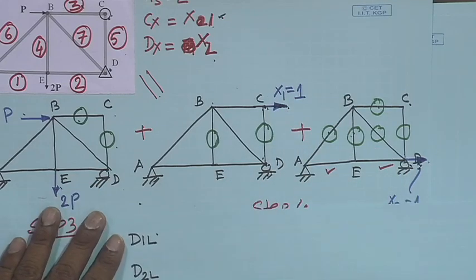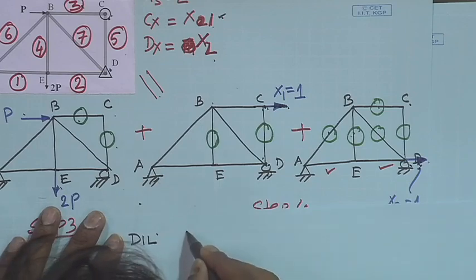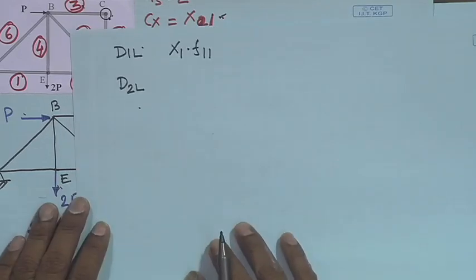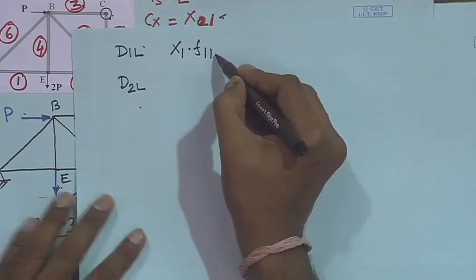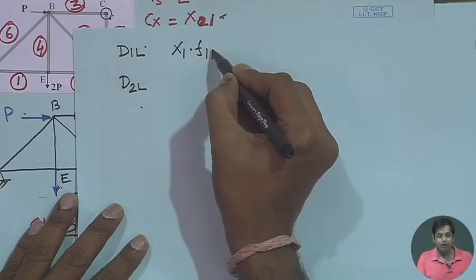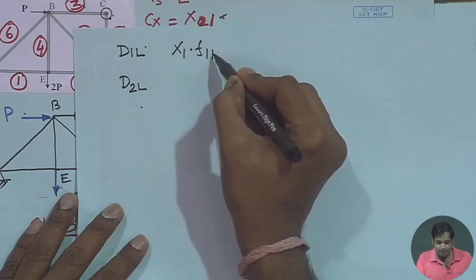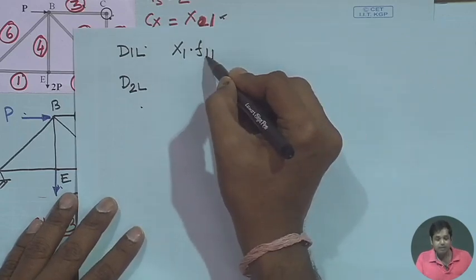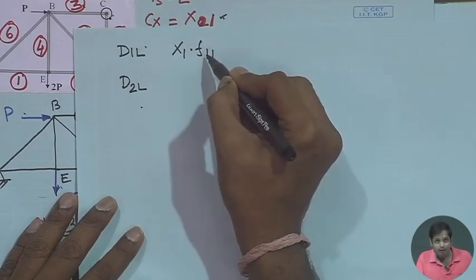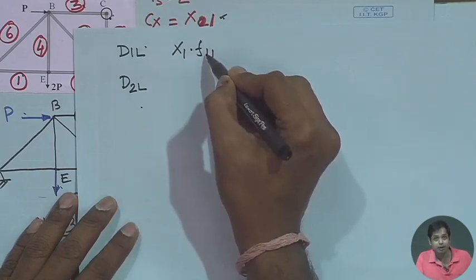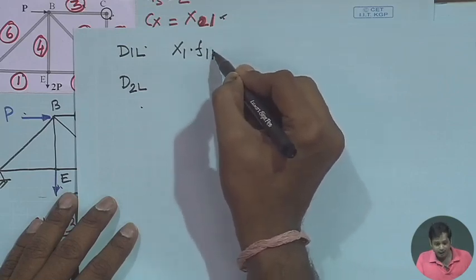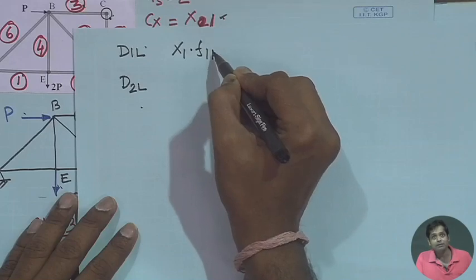Displacement due to this will be the force x1 into F11. What is F11? F11 is the flexibility coefficient associated with displacement in the direction of the first redundant due to the force acting in the direction of the first redundant.